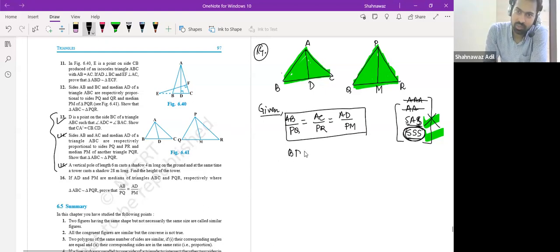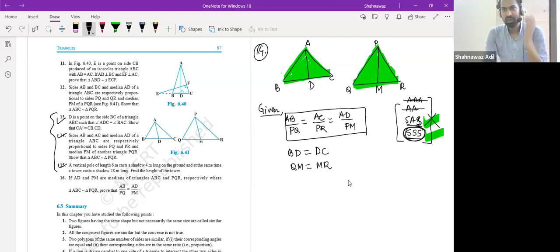So BD equal to DC, right? And also AB by AC.